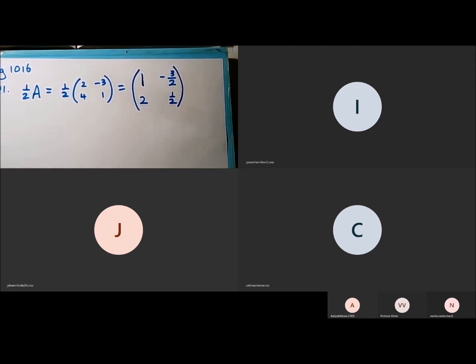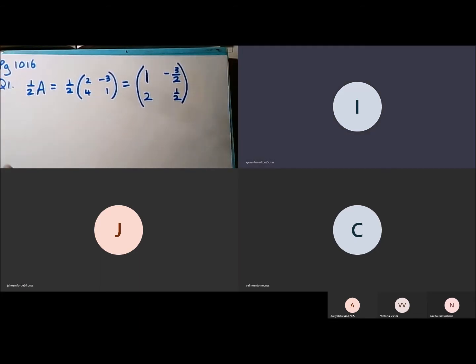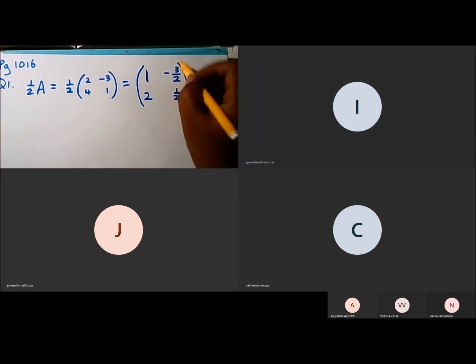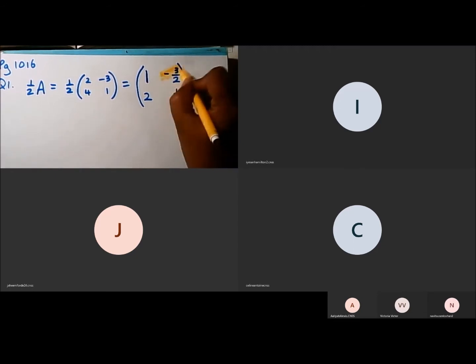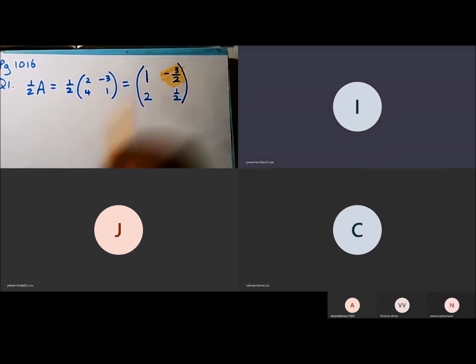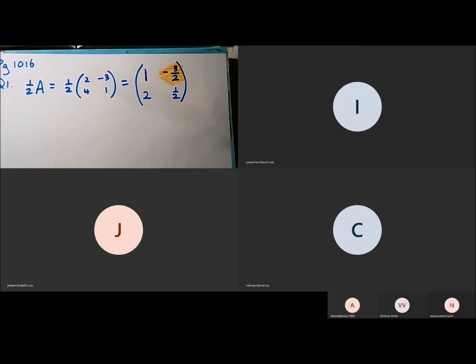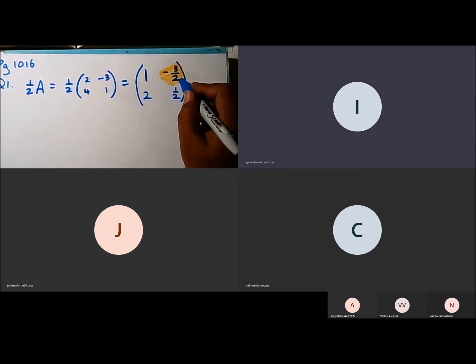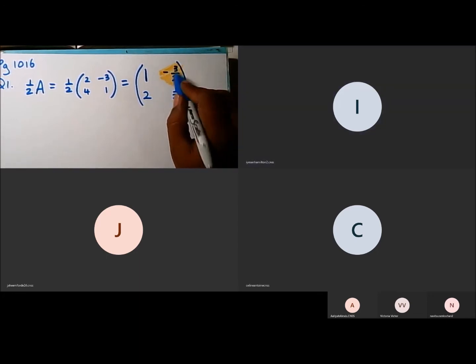Now in matrices, as you realize here, I wrote my fraction as an improper fraction, highlighting it there. A lot of times in matrices, we do that. It is more convenient to leave it as an improper fraction, and even the textbook would give you answers like an improper fraction instead.